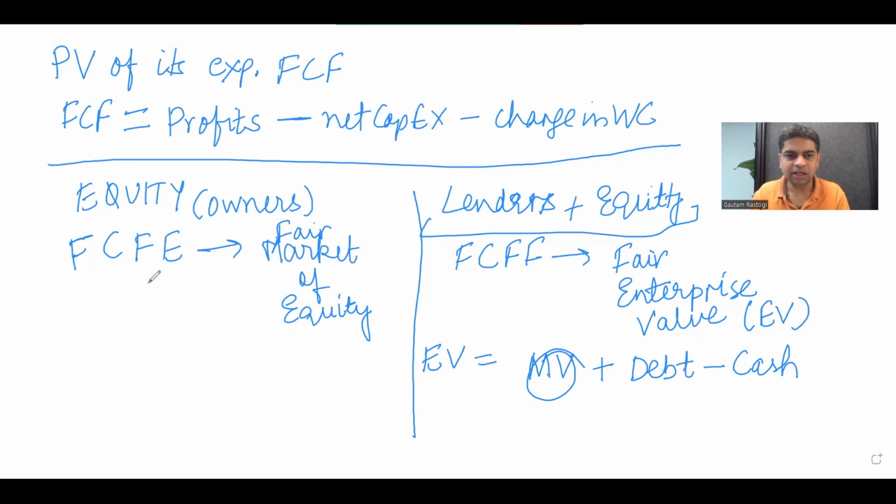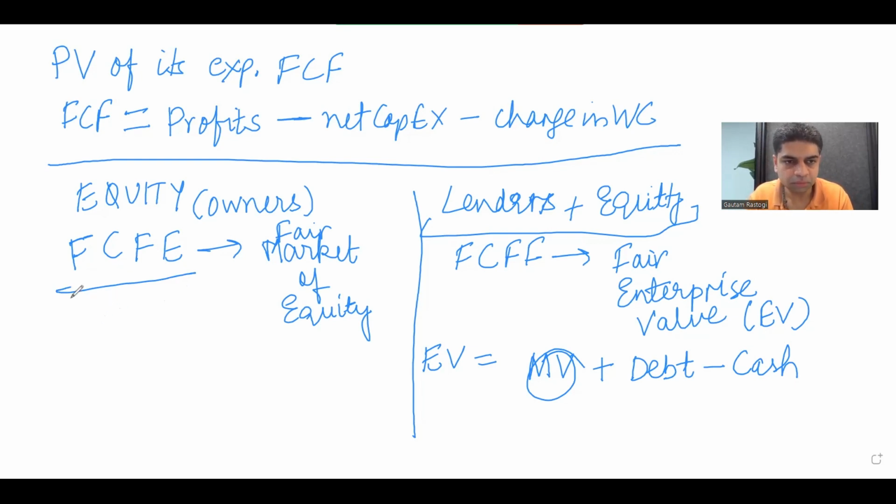What is traded is obviously the market value, the market capitalization, as we call it. So market capitalization divided by number of shares is the share value or the stock value. That is what is traded in the market. And through FCFE, this method of valuation, you would estimate the fair market value of equity. All right. Now let's go further.